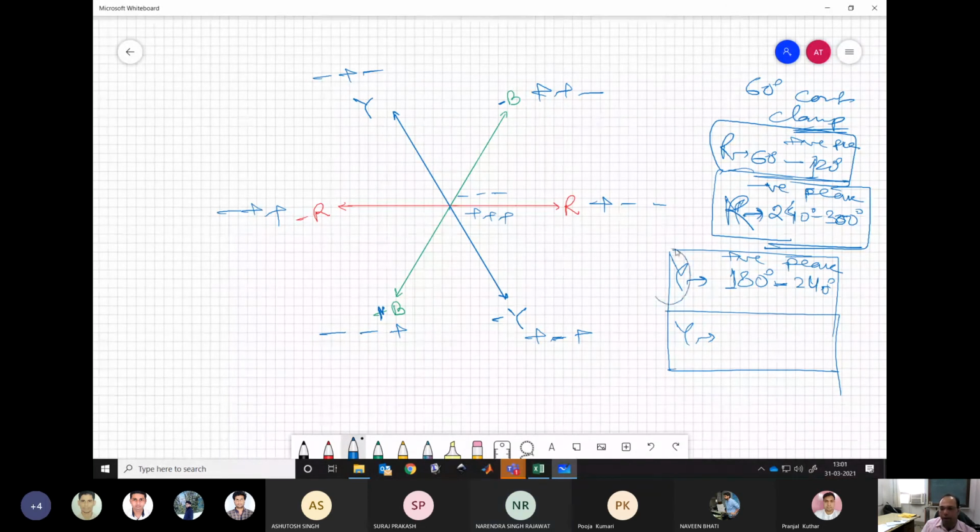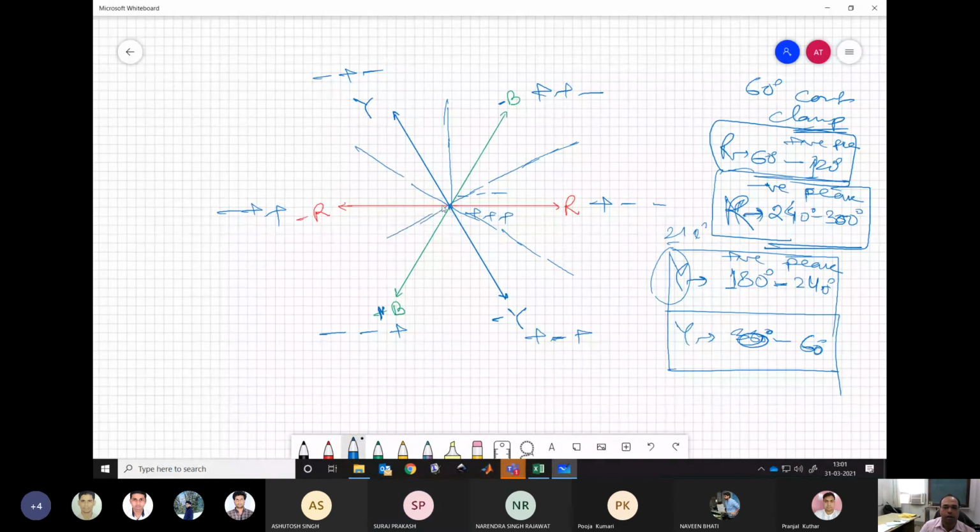Or the Y peak is happening at 210 degree, so 60 degree around that peak. And what about this Y negative? Answers? 360 to 60. That means 0 to 60. Correct? Is this correct or not? Yes, sir.